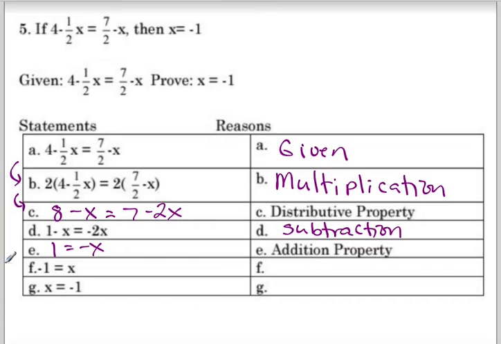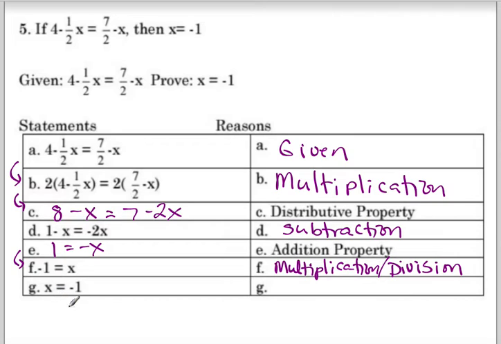Now from E to F, you could say this either as multiply by negative 1 or as divide by negative 1. So you could have multiplication or division.